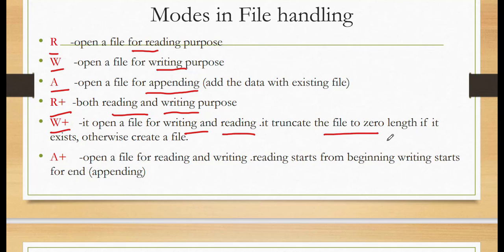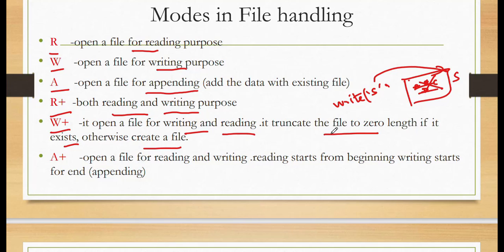w plus is used to open a file for writing and reading. It truncates the file to 0 length if it exists, otherwise it creates a new file. See, w plus means, if some content like A, B, C, D is already there and I write something, the old content will be erased. It truncates the file to 0 and writes the new content into the file.